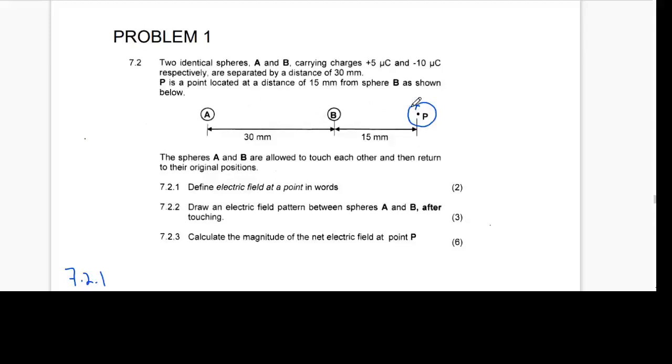So we want to know how much of the electric field we are going to experience and what is the direction of that electric field.